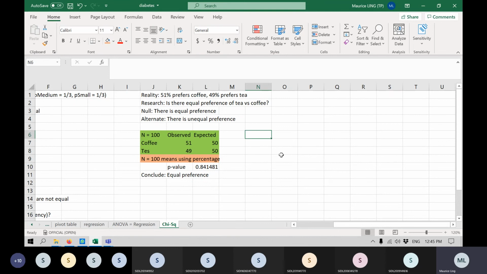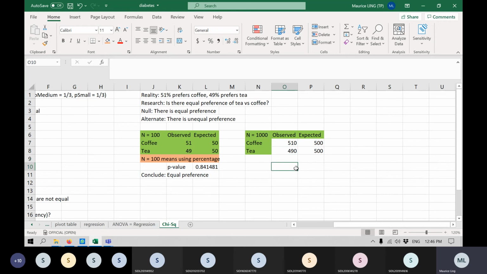Let's say if you are very energetic, you do 1000. Have your observed and your expected, coffee versus tea. Because you have 1000, your expected will be 500, 500. Now it's 51% versus 49%, so it's actually 510 versus 490.